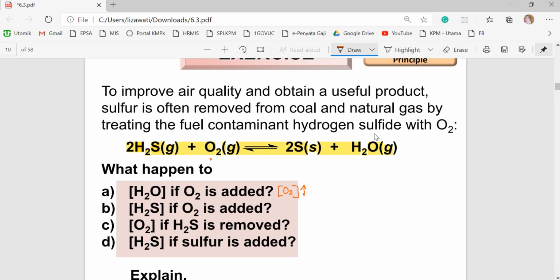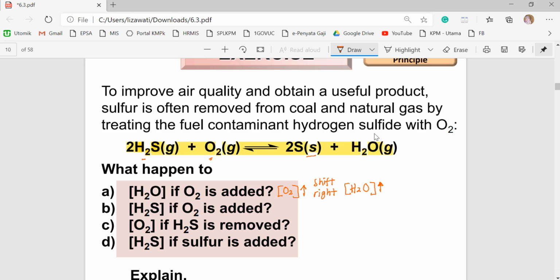It will shift to the right, meaning that H2S reacts with oxygen and produces more H2O, so the concentration of H2O will increase.